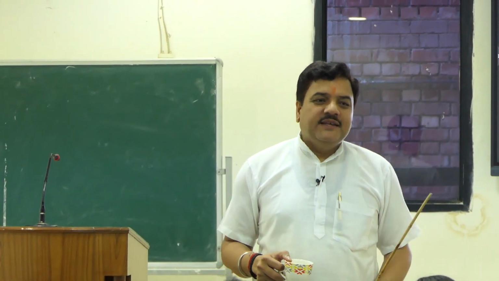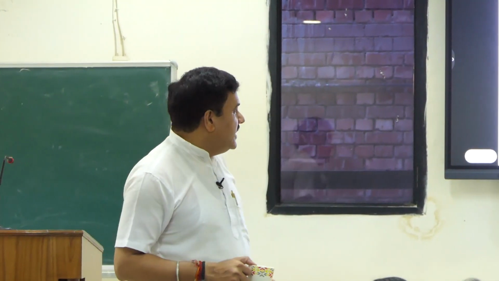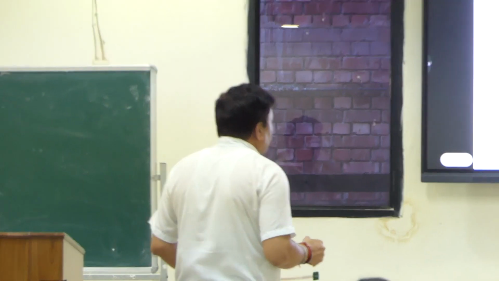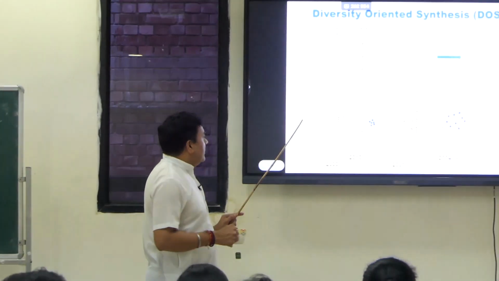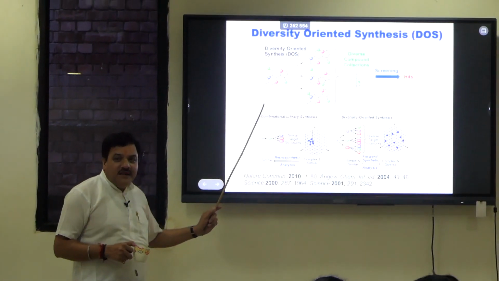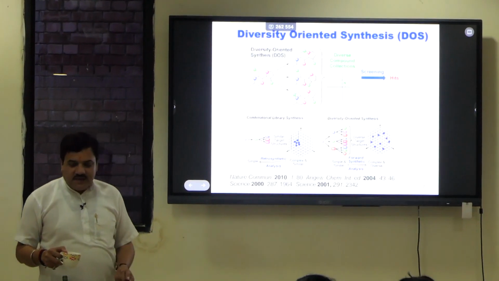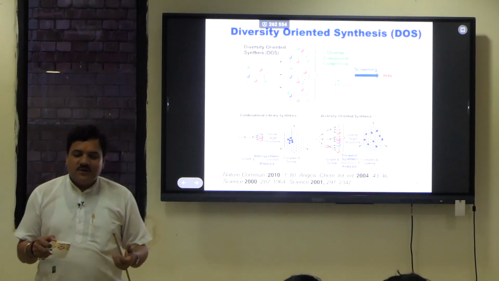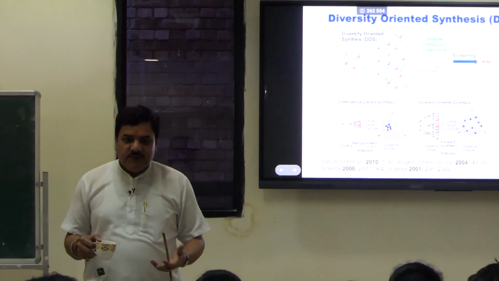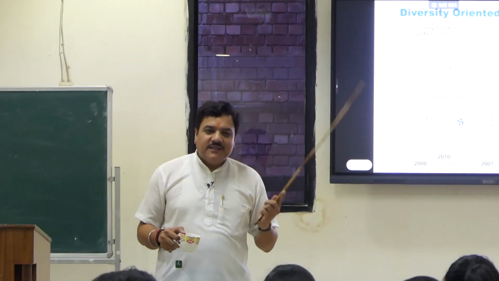What is diversity oriented synthesis, which I was talking about, the 3D chemical space and all, which I am explaining in this particular slide. Let's see what diversity oriented synthesis means. These are not molecules, these are just like a cartoon, a representation. Don't think about it as cyclohexane or cyclopentane.